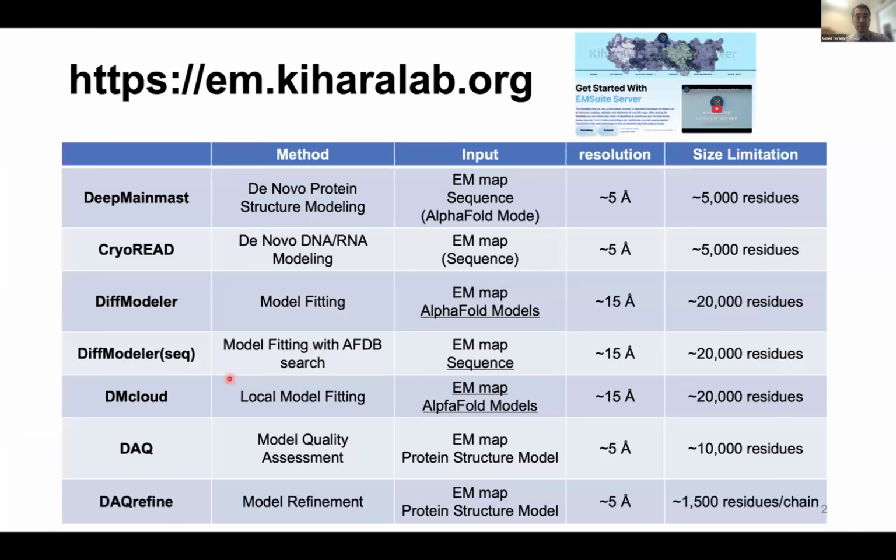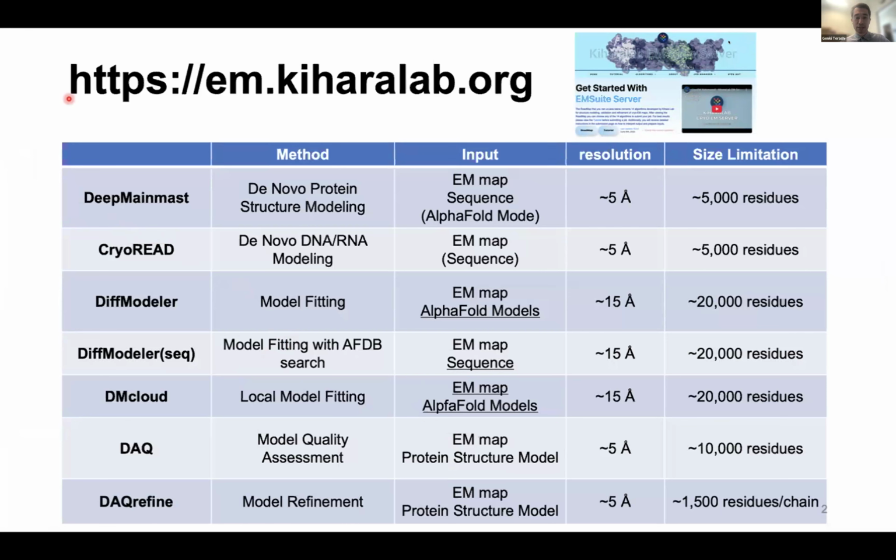So today I'm going to talk about these seven tools. DeepMainMast is a de novo structure modeling tool. CryoREAD is for DNA/RNA structure modeling. DiffModeler uses the diffusion model, enhancing the backbone positions, then fits the structure.